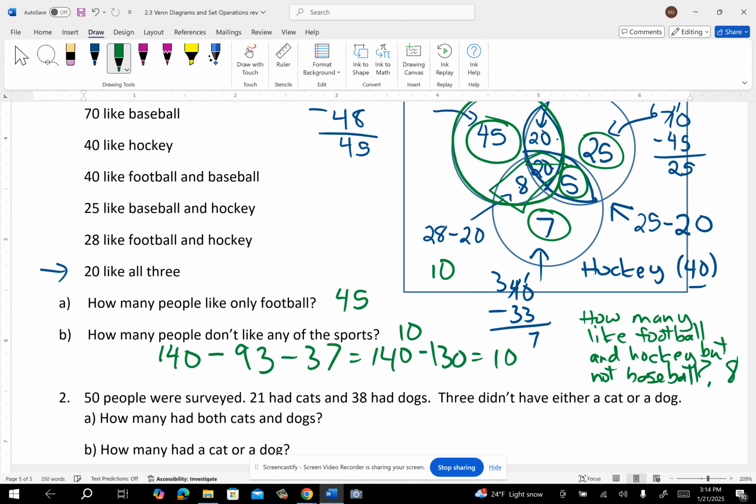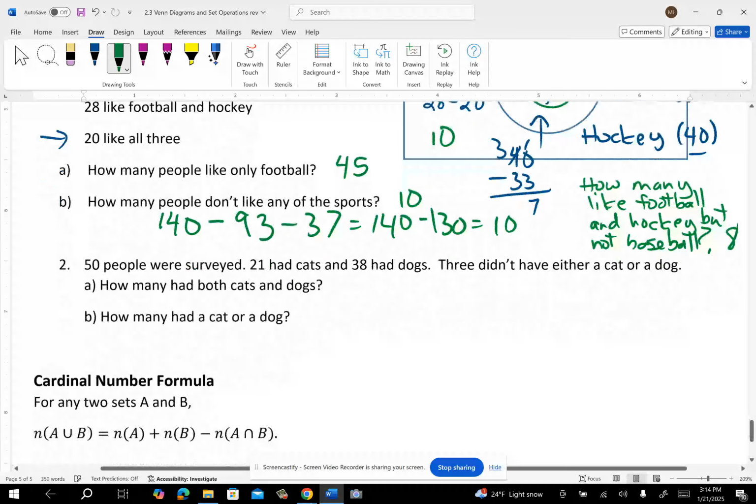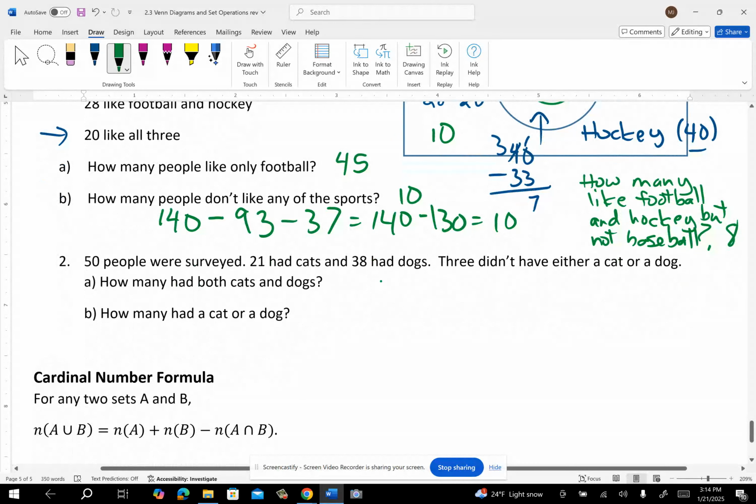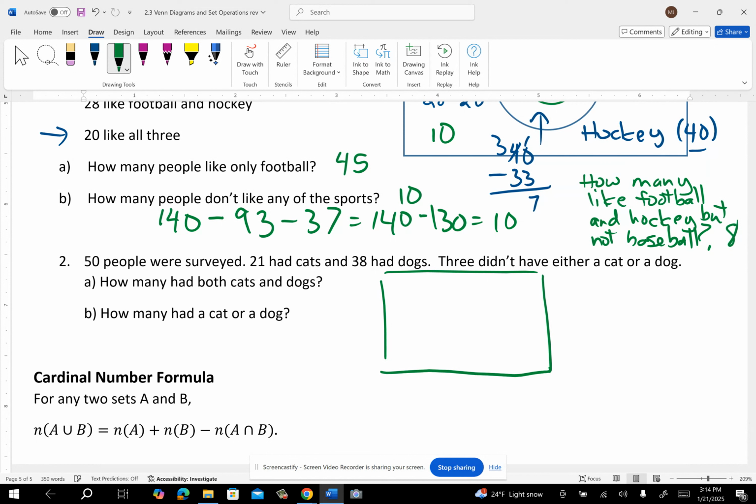Okay. All right, now here's a question where 50 people were surveyed about their pets, cats and dogs. So we have information about cats and information about dogs. Many people have both.